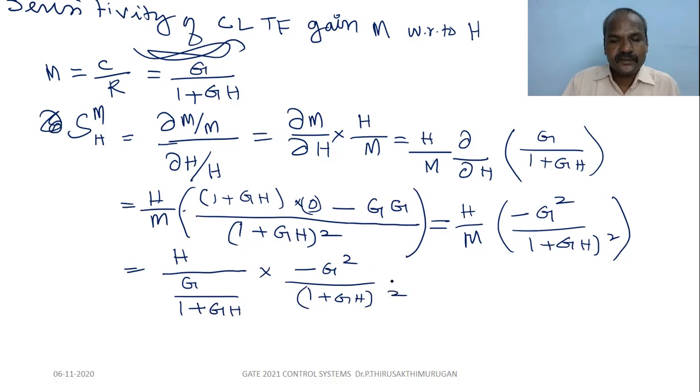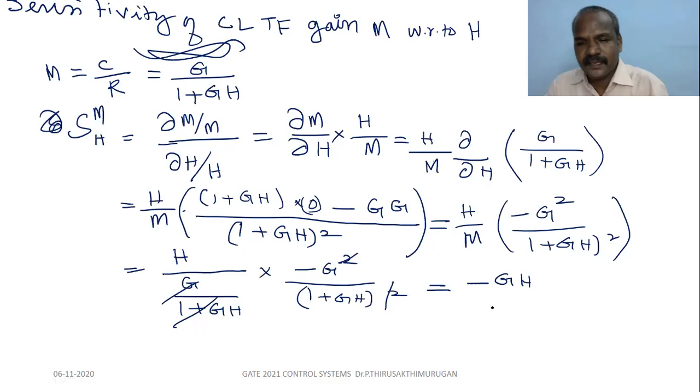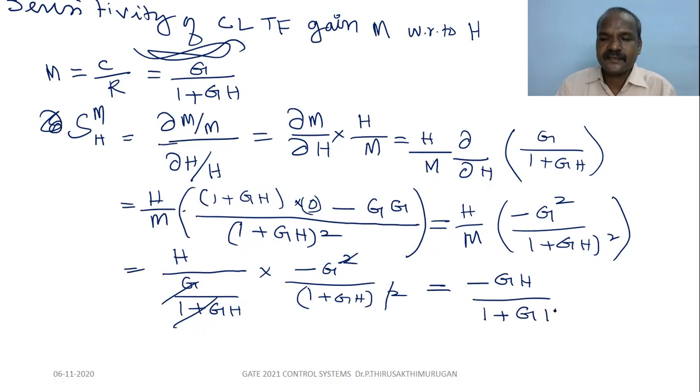This square term cancels, this G cancels, so only H is left in the numerator. So what we get is minus GH divided by 1 plus GH.